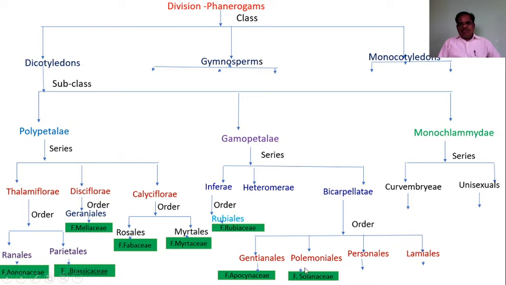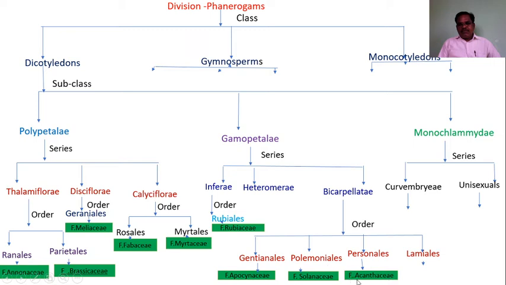It has a bicarpellary ovary, and the fruit is of capsule type. These are the different characters of this one.